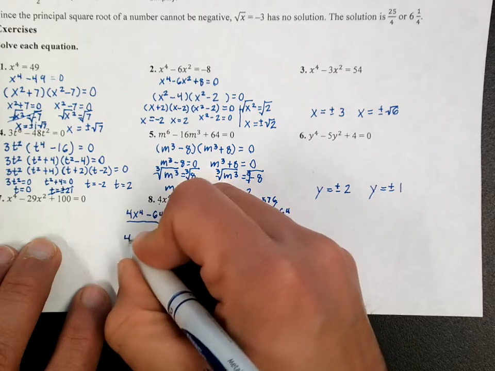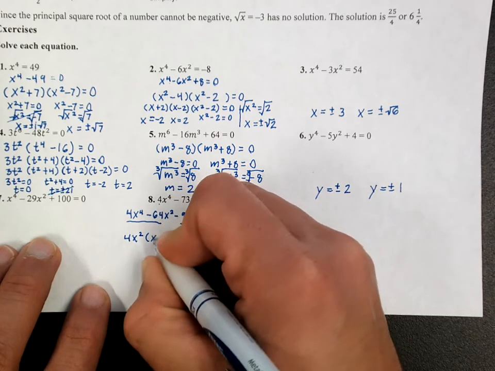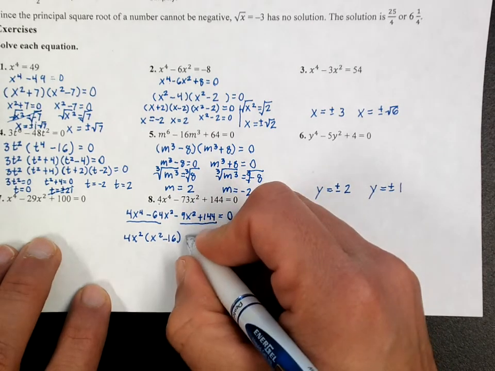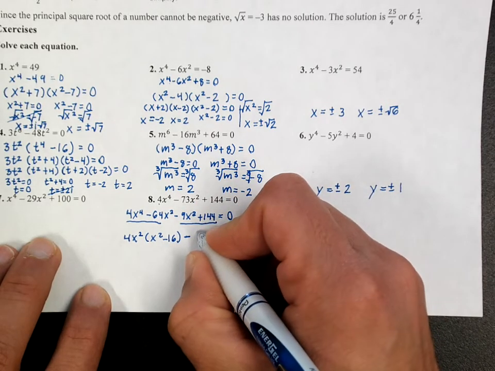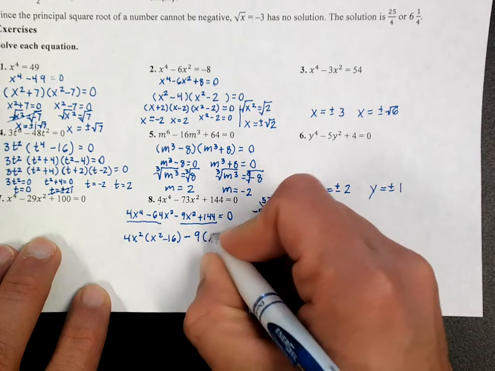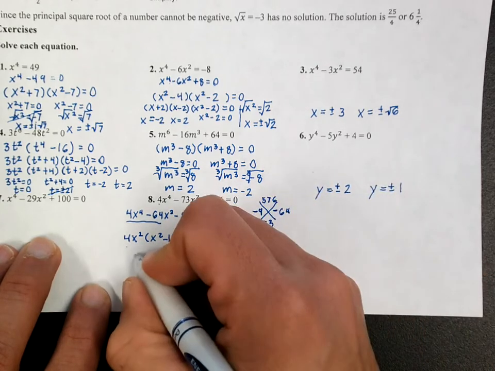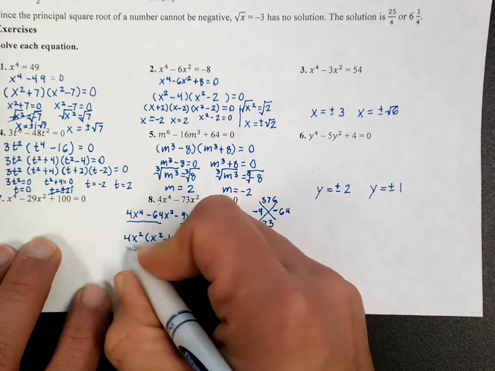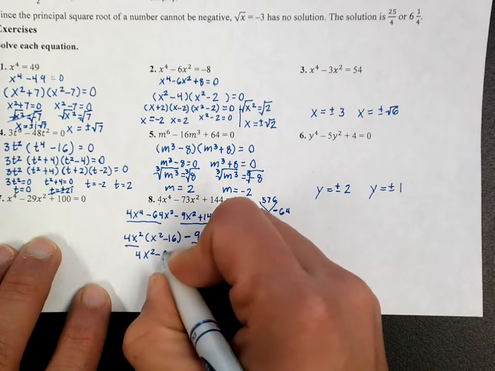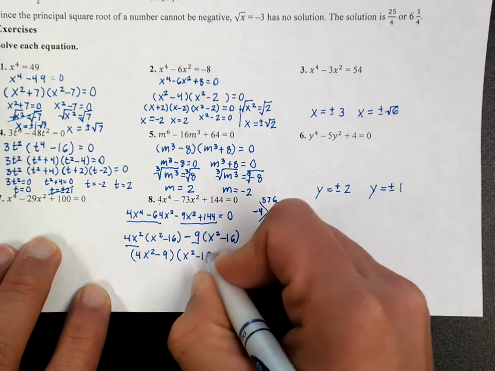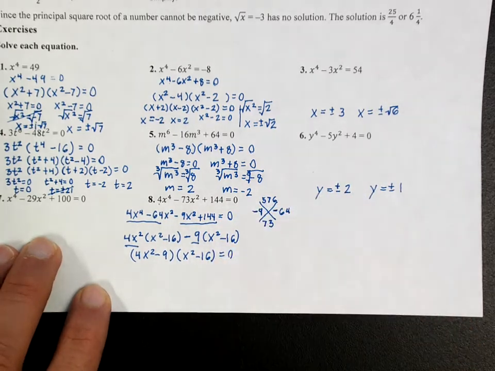So we're going to factor out a 4x squared, which will leave me with x squared minus 16. And on this side, I'm going to factor out a negative 9. And that's going to leave me with x squared minus 16. All right. We're going to join those two together. So we have 4x squared minus 9 and this one's x squared minus 16 is equal to 0.